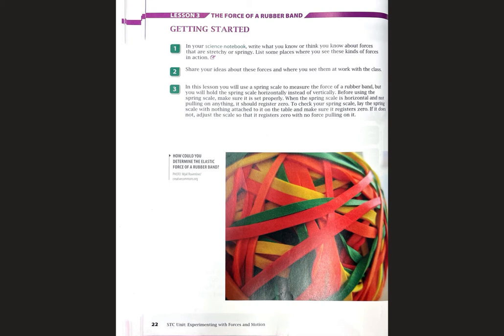So before using the spring scale, you have to make sure it's first properly calibrated or set to 0. So remember, your red dot has to go to the lines pointing to the 0 mark. For this lab, since you're virtual, you will just be observing still images on the screen and making note of what those are on your student sheet. So we will continue on the next slide.